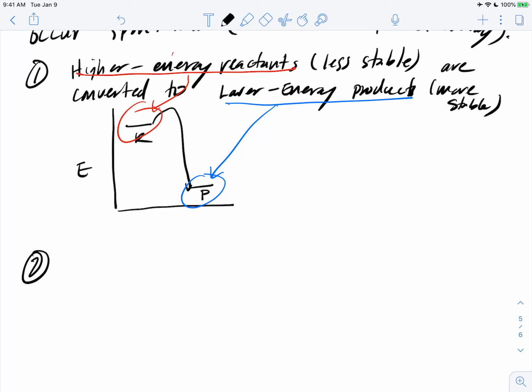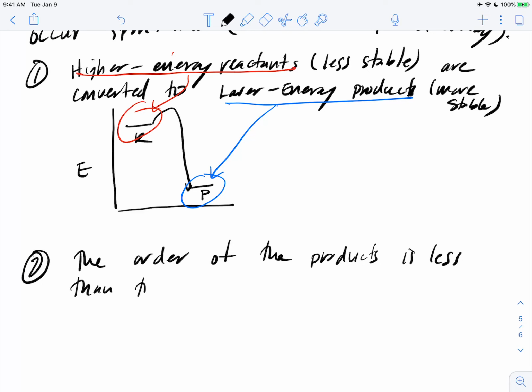So that is to say, chemical reactions where the order of the products is less than the order of the reactants.